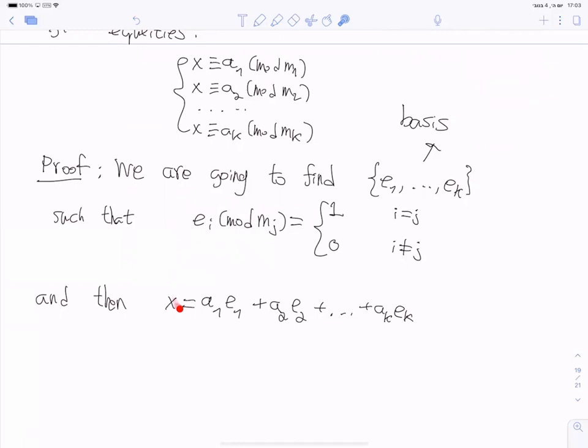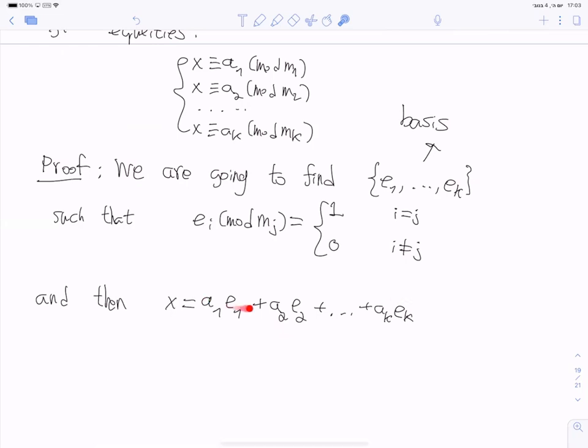Why? Because X modulo M2 is just A2, because E1 modulo M2 is 0 and all the other E are 0 modulo M2. The only one which is 1 is E2, so you remain with A2, and so on.